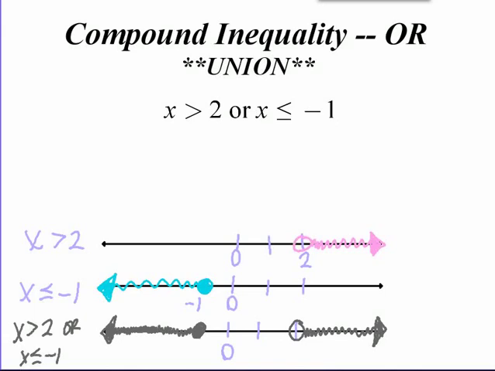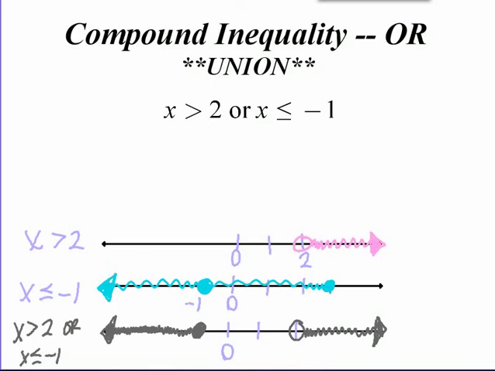Now I want you to think about things real quick. What happens if this bottom one was actually like this? Can you tell me about your solution? Just think about it real quick. I'm going to give you about 10 seconds. I want you to think, if this was the word or, what would your solution be? Ideas?